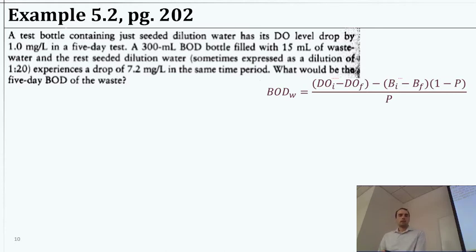A 300 milliliter bottle is filled with 15 milliliters of wastewater and the rest with seeded dilution water, so separately. And that's a 1 to 20 dilution. And that one experienced a drop of 7.2 milligrams per liter in the same period. So what would be the 5-day BOD value for the waste? See if you can make sense of that. Take a couple minutes.